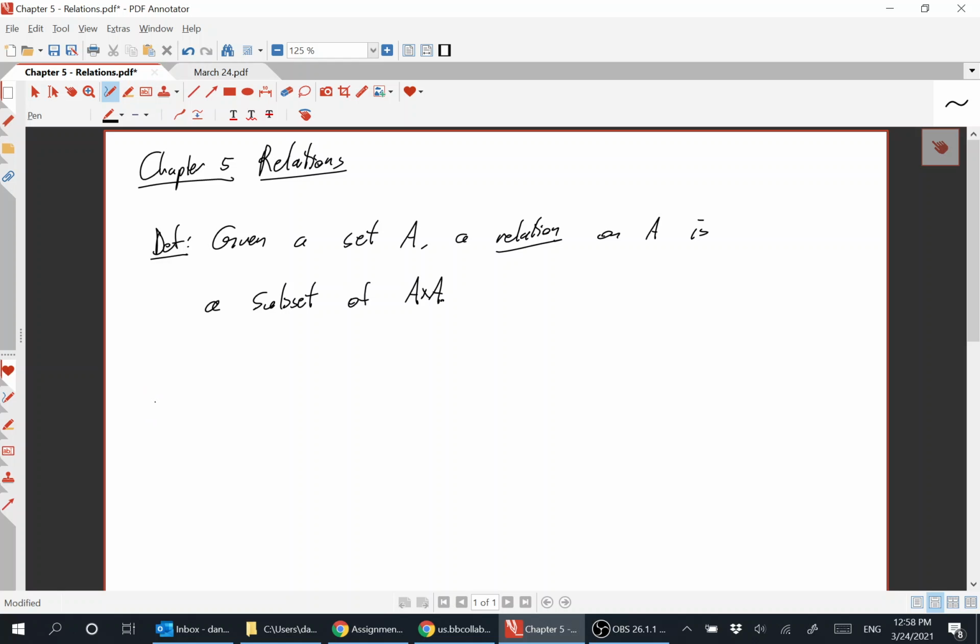But this is not the notation that's used when talking about relations. There's lots of different notations that are used, but when discussing relations, the following notation is used.